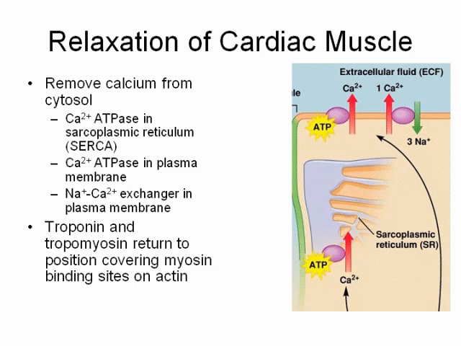Relaxation, however, is different. Basically, there's removal of calcium from the cytosol. There is this SERCA that we talked about before, that is the calcium ATPase in the sarcoplasmic reticulum. So this would be this pump shown right here. This is the SERCA. There's also a calcium ATPase in the plasma membrane.